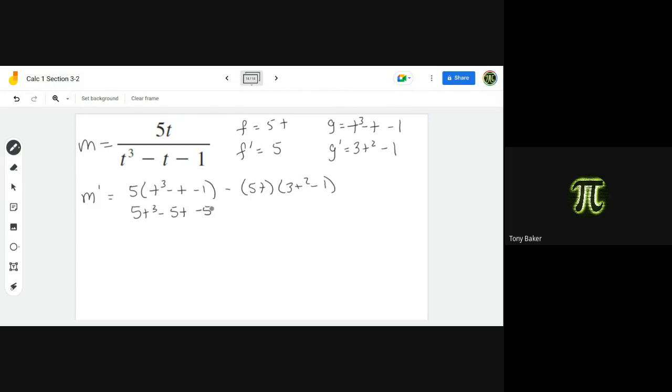It looked weird. Yeah, I mistook one. Oh, okay. So I have 5t to the third minus 15t squared minus 5, all over t to the third minus t minus 1 squared.